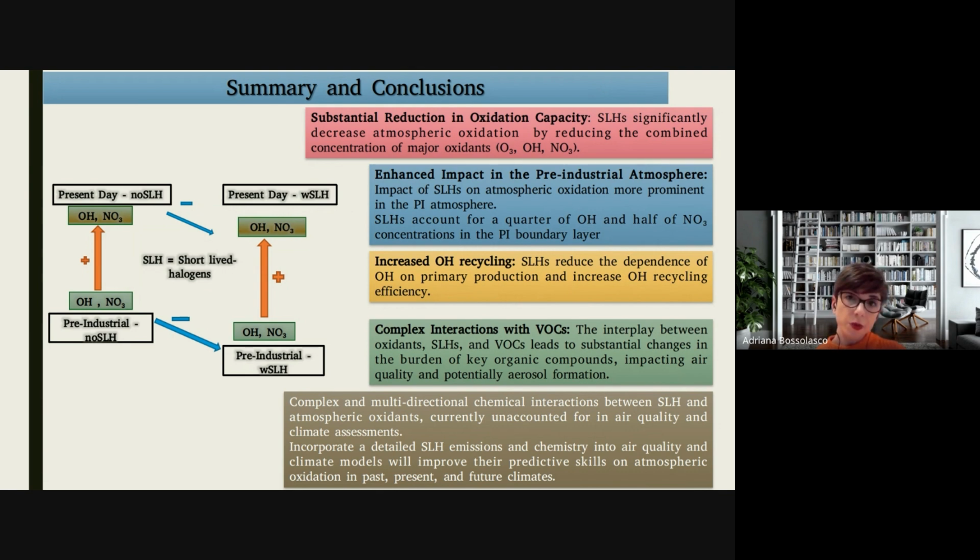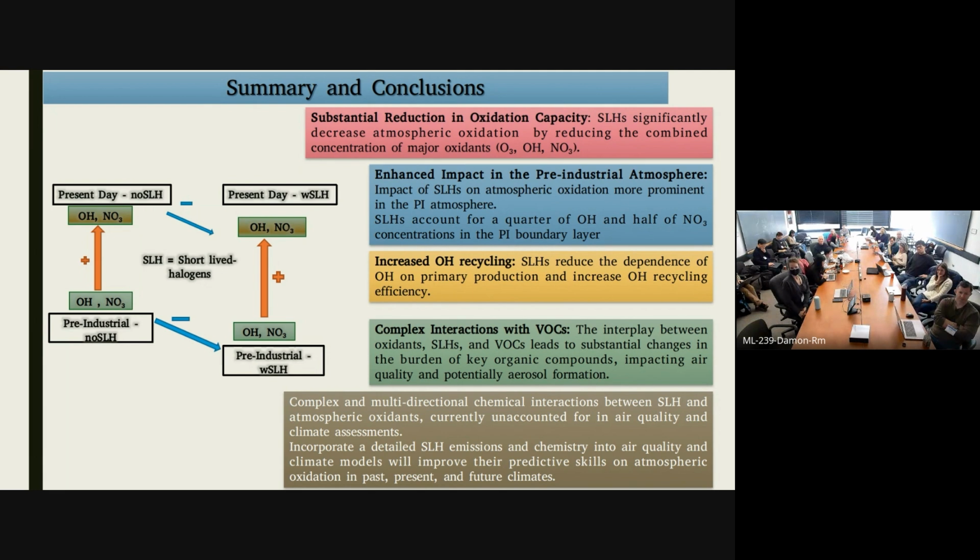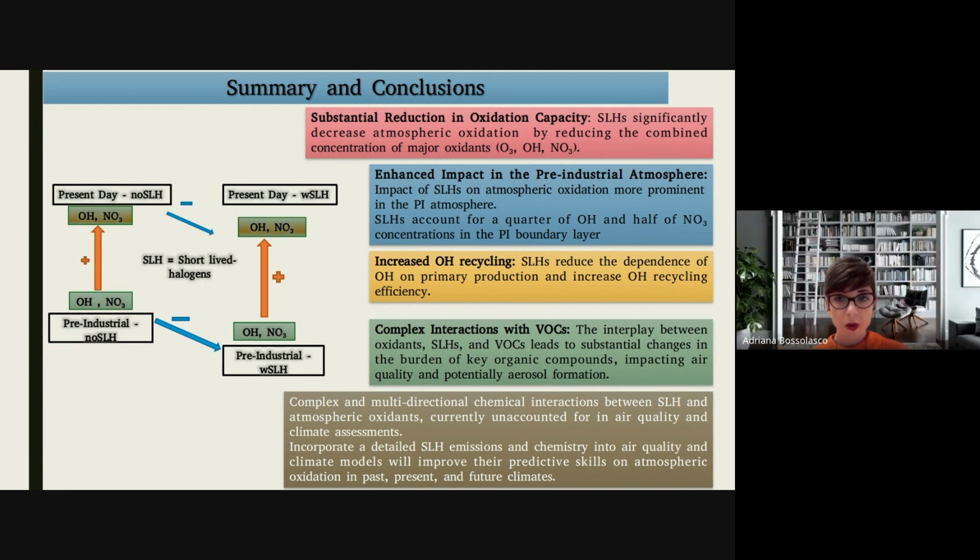This impact is more pronounced in the pre-industrial period, where SLH account for a quarter of OH and a half of NO3 in the boundary layer. On the other hand, SLH increased the OH recycling probability and reduced the dependency of OH on its primary production.